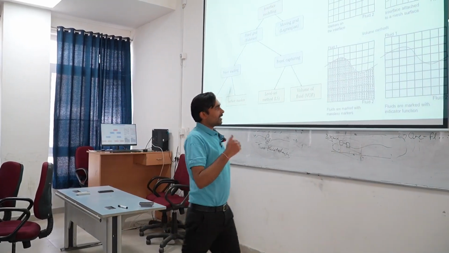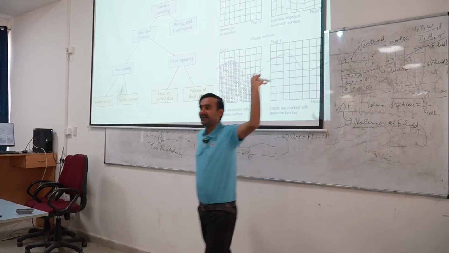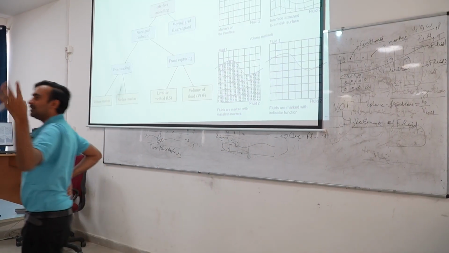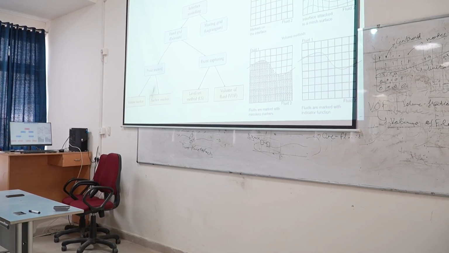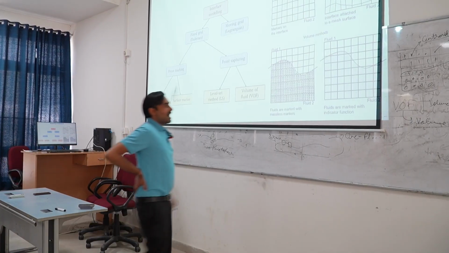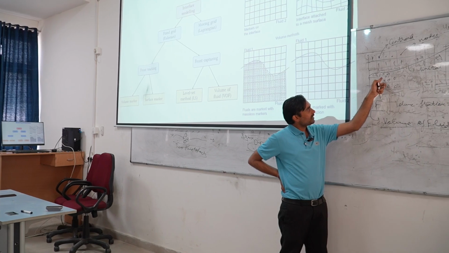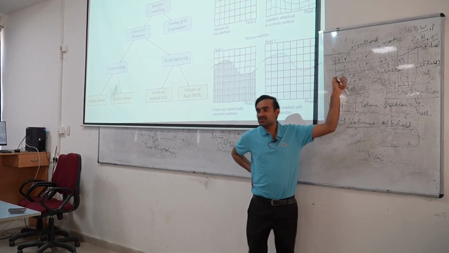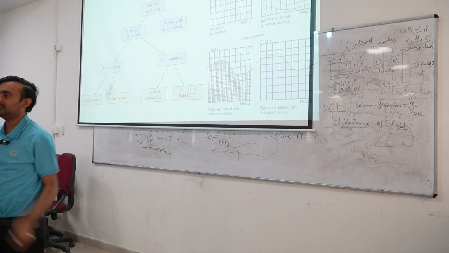But what I need to do now is, this interface will not stay at its location. Depending upon the velocity and the pressure field around it, it will actually be traveling in space and time. So, once this interface is moving, I need to define some equation which can transfer this volume fraction field among different cells.